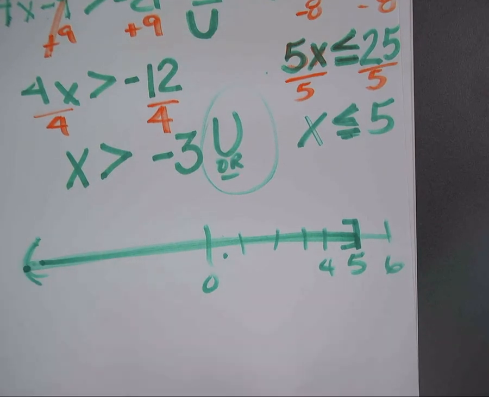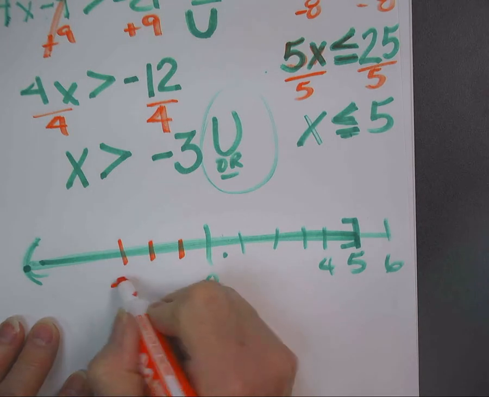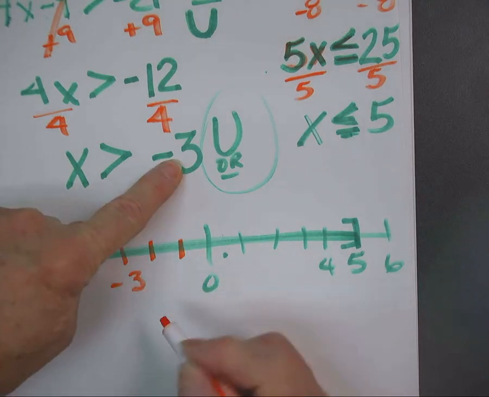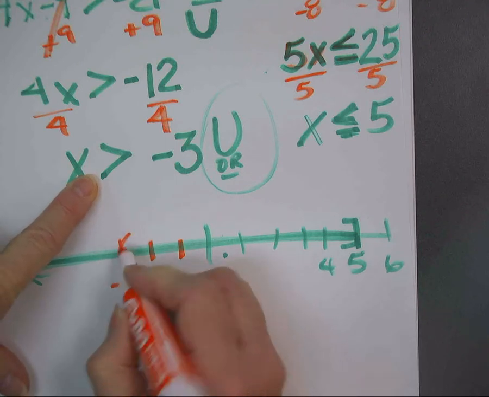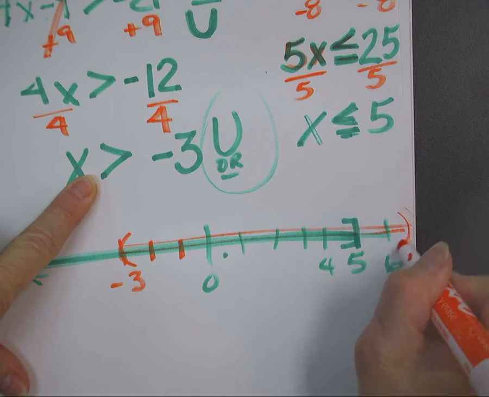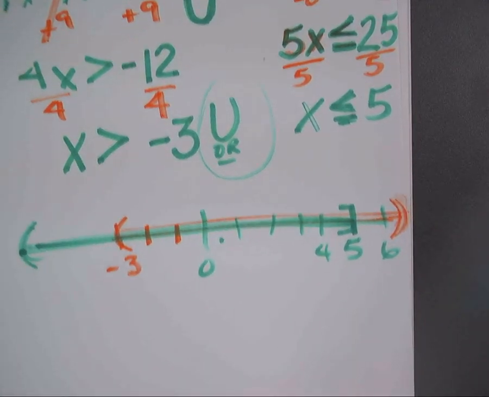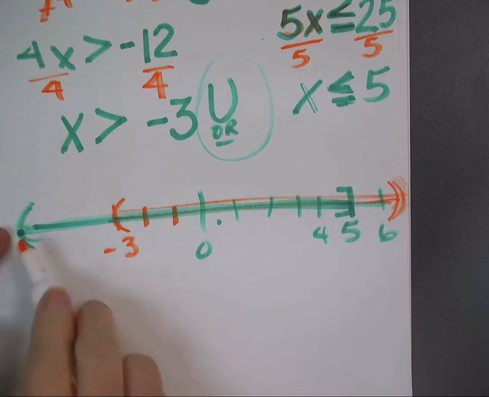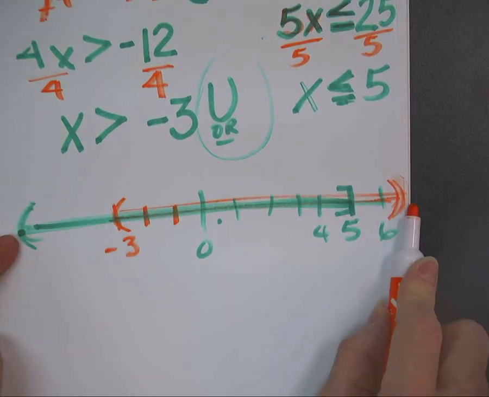And from the negative 3, it's going to go this way, all the way to the end. So if we include everything on both lines, we're going all the way from here to all the way there, right?